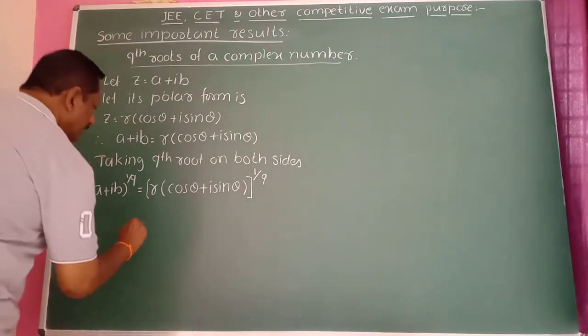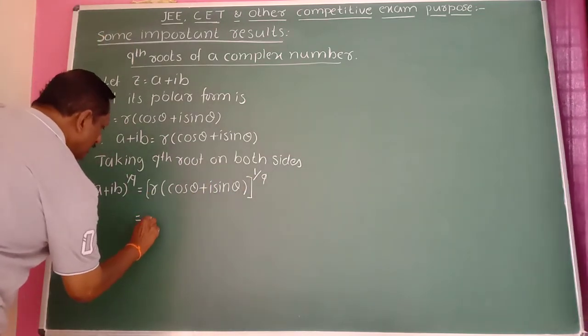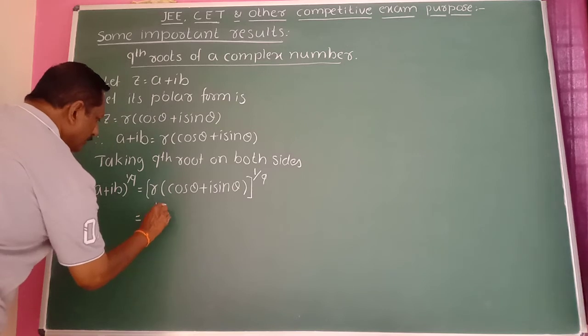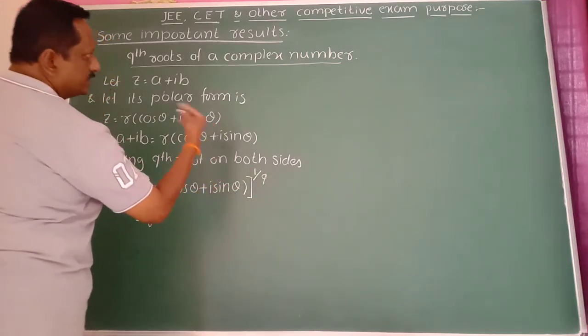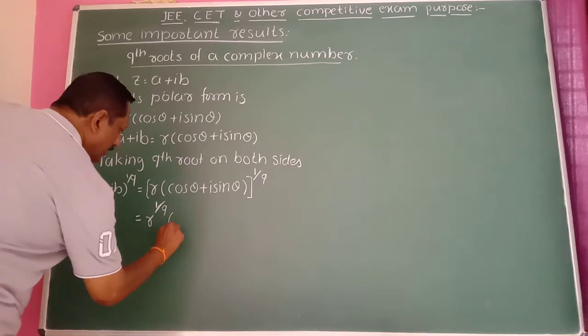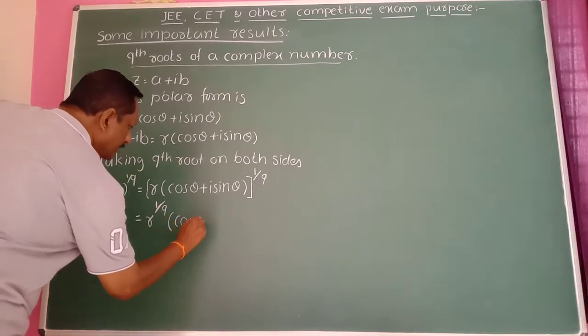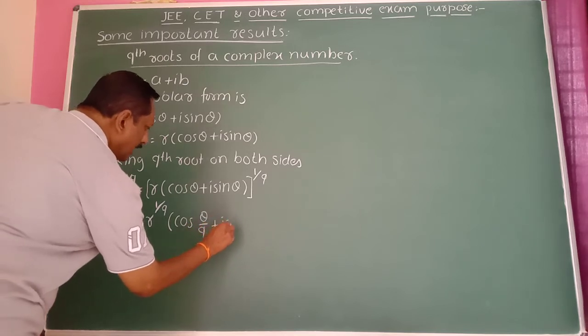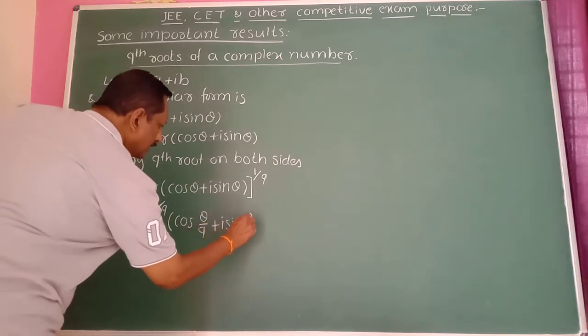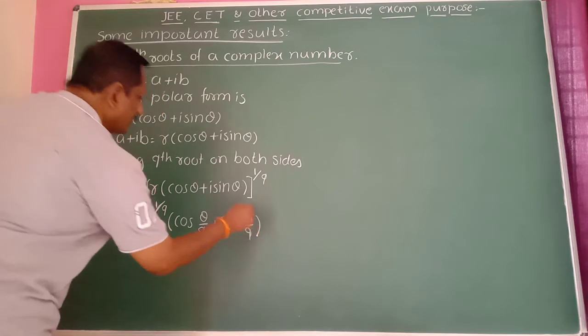Take 1 by q inside, therefore this is equal to r raised to 1 by q, and using De Moivre's theorem, you can write cos of theta divided by q plus i into sin of theta divided by q.